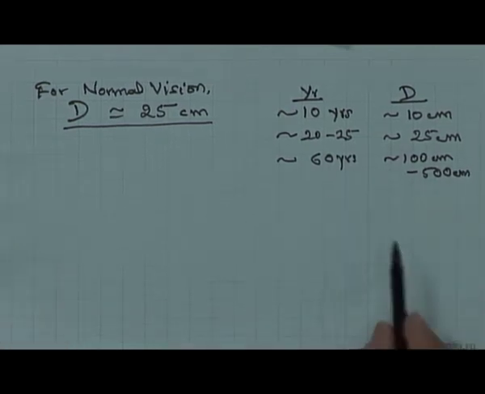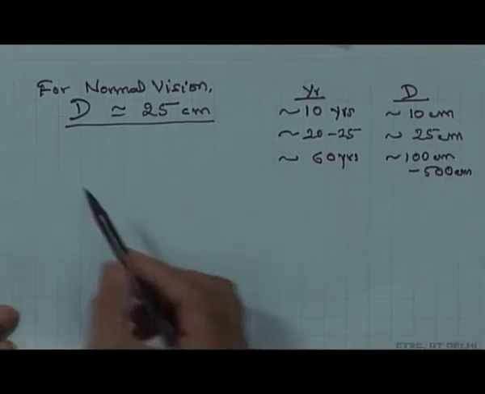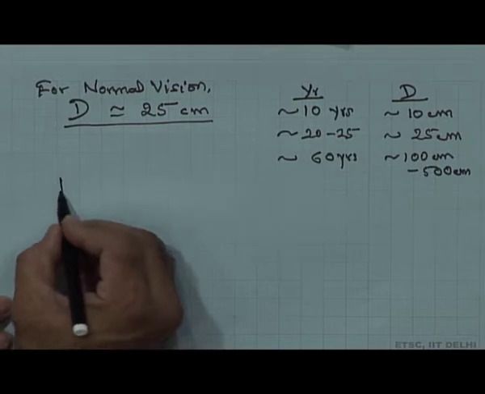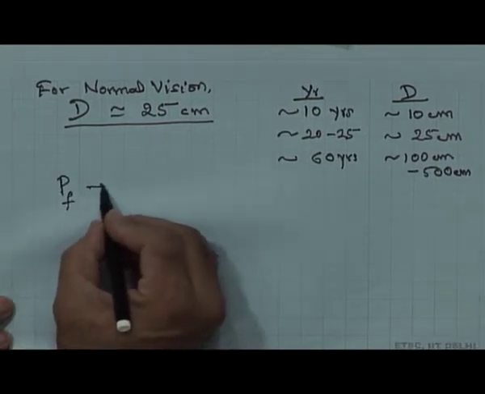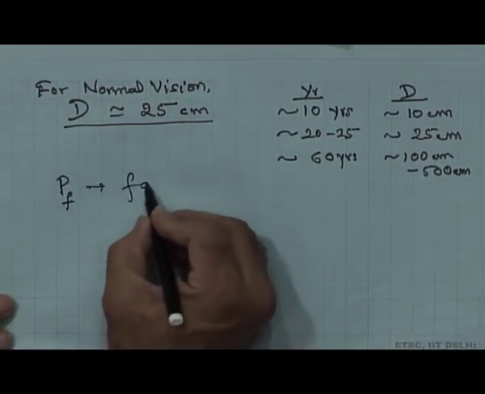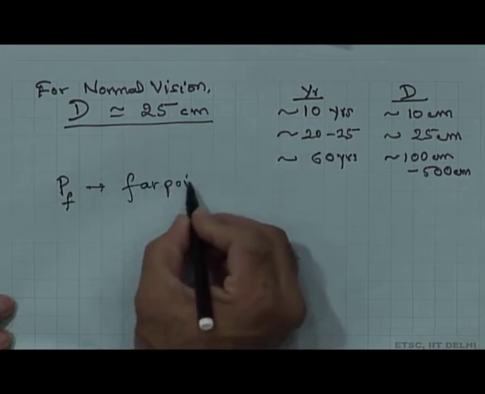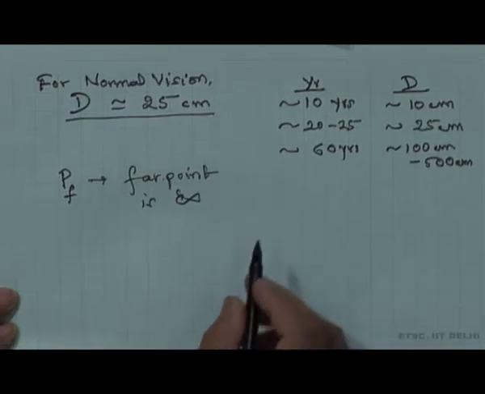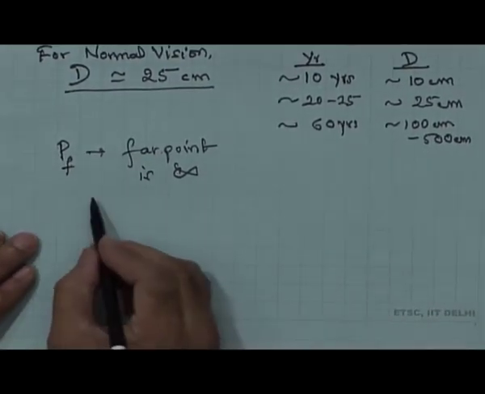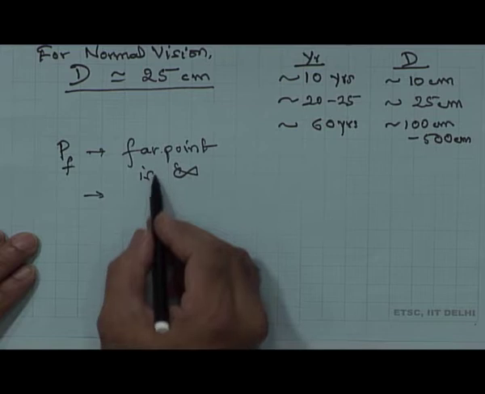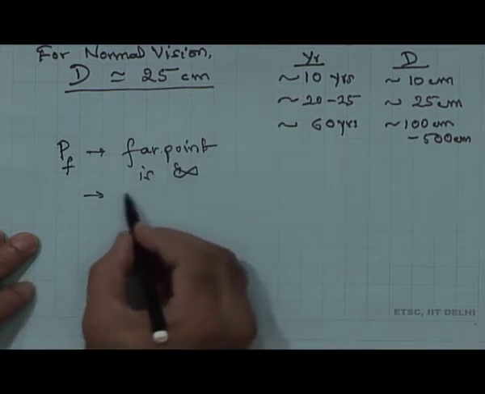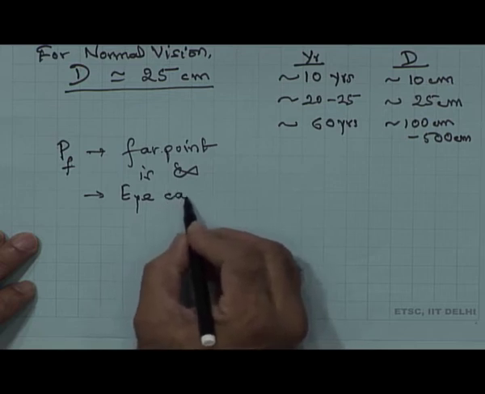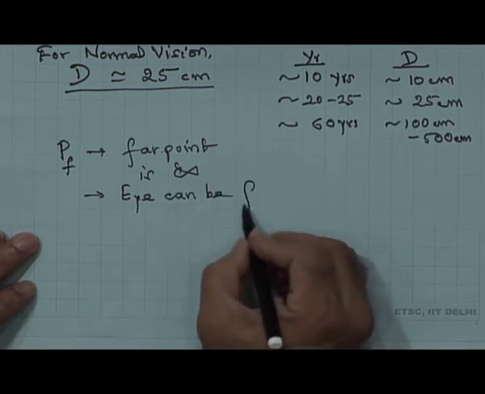So, this is for normal vision, and for normal vision the far point, P f, is infinity, which means the eye can be focused to infinity. Infinity here refers to a very large distance.